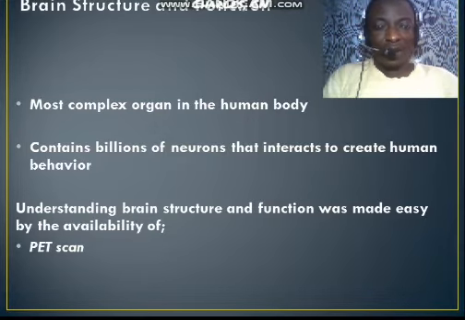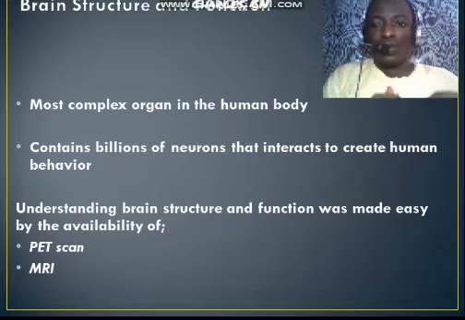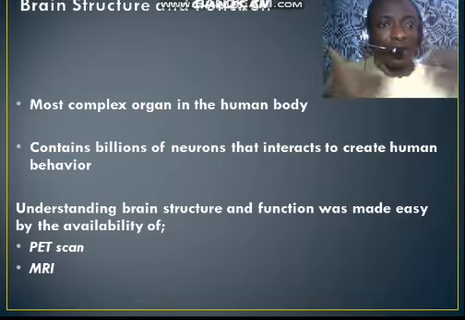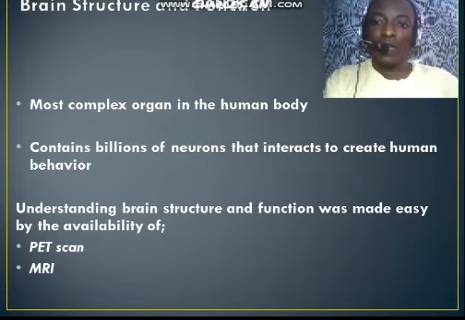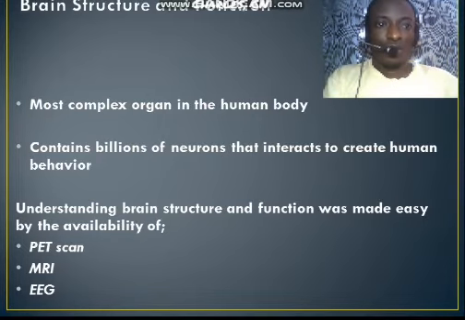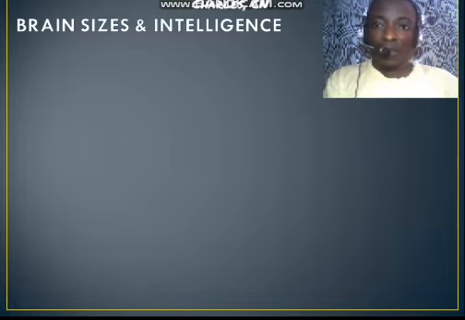Another way scientists use to understand the structures in the brain and how they function is through the MRI. MRI simply means magnetic resonance imaging. They also use EEG, which means electroencephalogram. We'll look at all of that as we proceed.